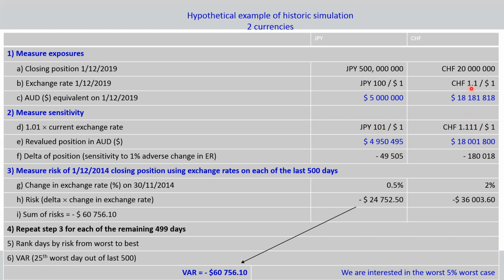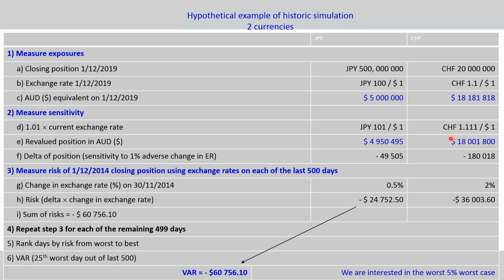Same thing here, we increase from 1.1 to 1.111. This is an increase of 1%. Now, when that increase is 1%, the Japanese yen is depreciating, this is the risk, and the Swiss franc is depreciating, which means my holding has dropped from 5 million to 4,950,000, and here from 18,181 to 18,001.